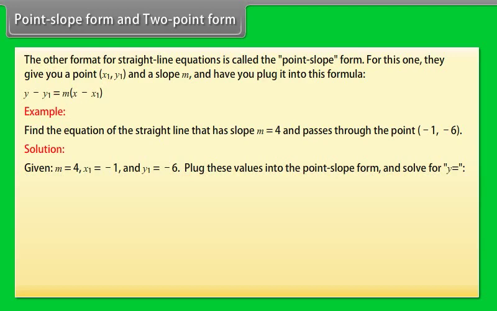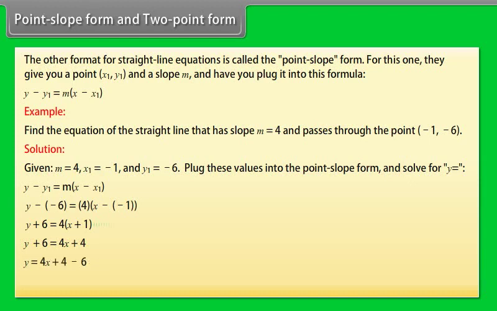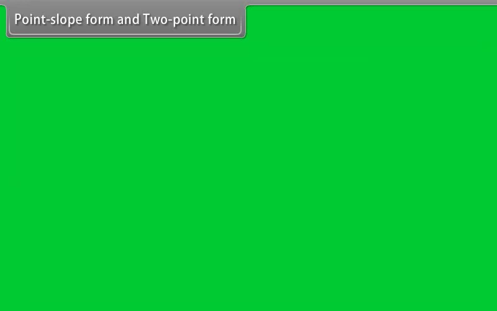Plug these values into the point slope form, y minus y1 is equal to m into (x minus x1). Substitute the values in the above equation and then on solving for y we get y is equal to 4x minus 2, which is the required equation.